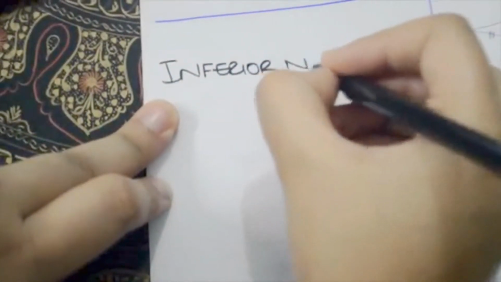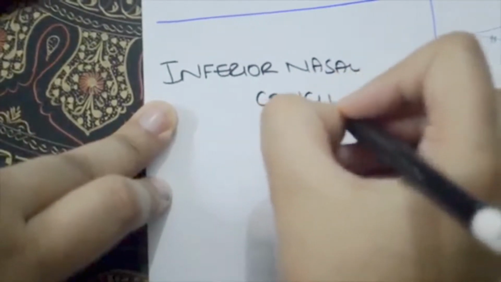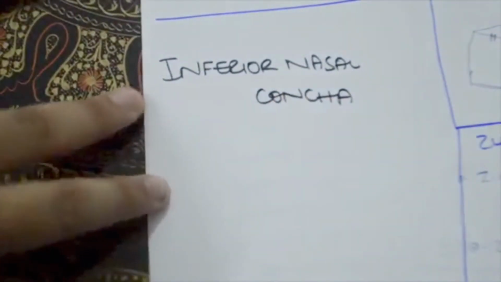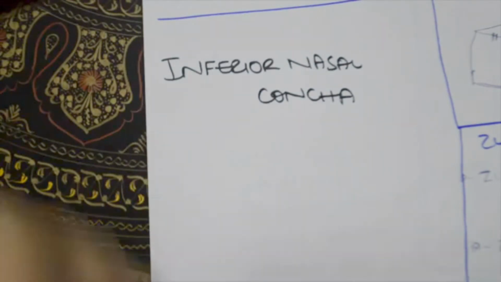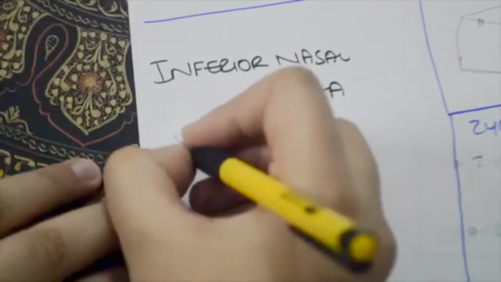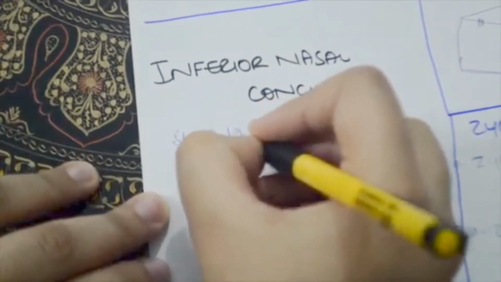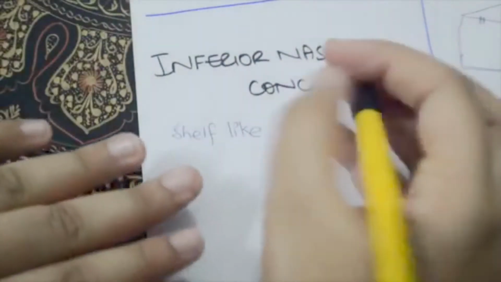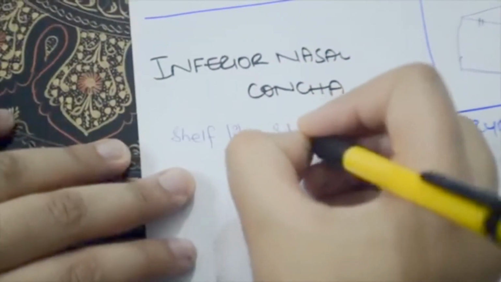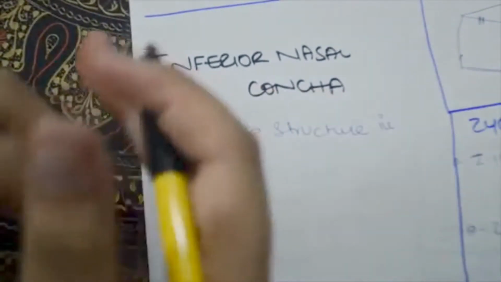So the inferior nasal concha. We also did this, and the inferior nasal concha is a shelf-like structure. We saw it in the atlas as well. Just keep your atlas open while you study, because that's the most important thing you can do, because that makes concept, that puts picture in your head.